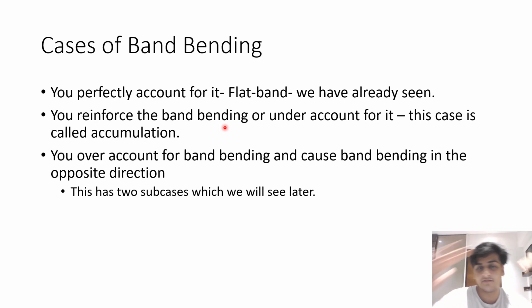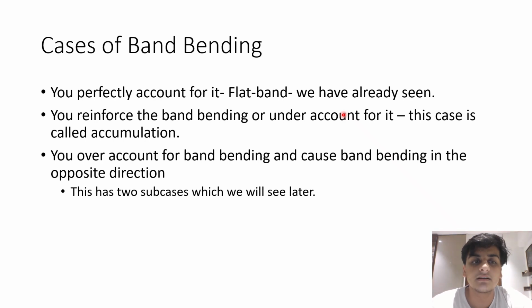So you will need to have even more band bending to account for it. Or you try to account for it, but you're under accounting. So if you apply some voltage, but that voltage is not enough for the bands to actually become flat, this case is called accumulation.